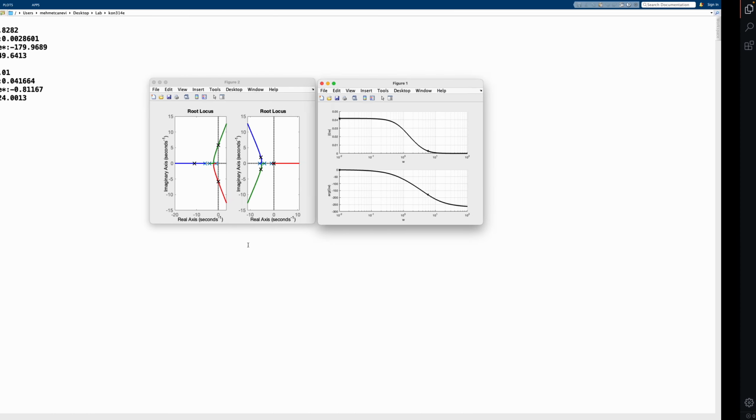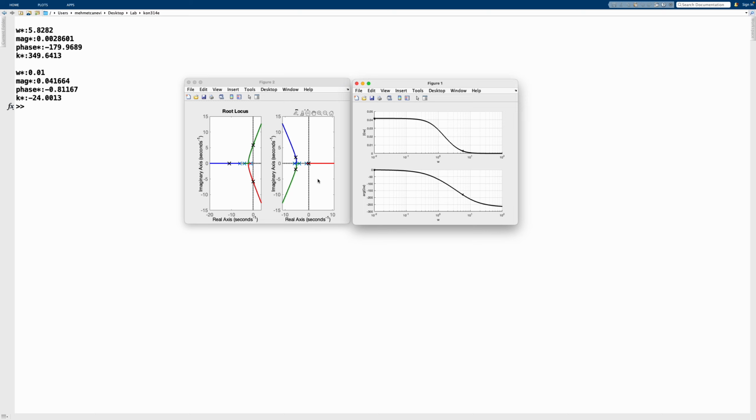Now, our way of designing a controller will basically go as follows. We know that if we have -180 degrees as a phase angle, this point corresponds to marginal stability. We are on the j omega axis. And if we apply a certain input at this frequency, we will get a sine wave.